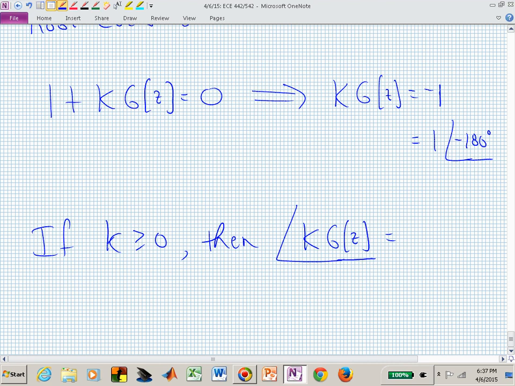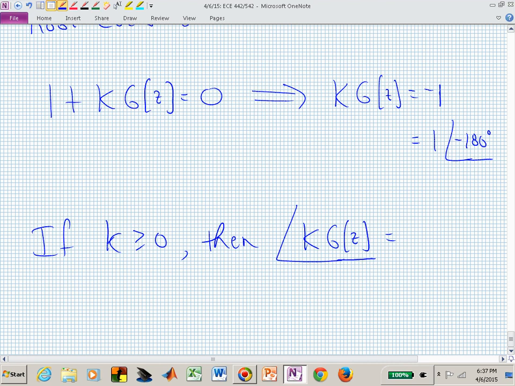Say g of z is some transfer function. In our case, it was 1 over z times z minus 3/2. You could, given a particular z, compute the angle of that expression. If it's a complex number, how do you find the angle of a complex number? You just look at the imaginary part and the real part, and you take their ratio and you do an arctangent, right?